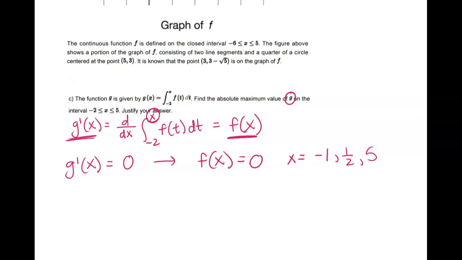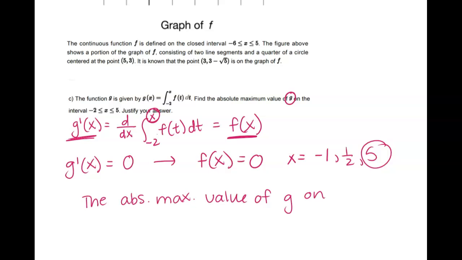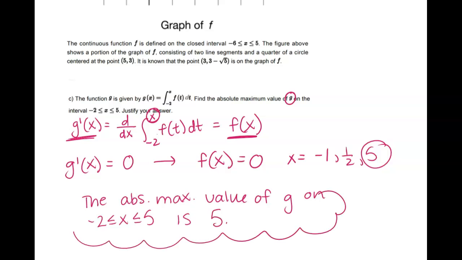Negative 1, 1/2, or 5? 5. So the absolute maximum value of g on negative 2 is less than or equal to x is less than or equal to 5 is 5.